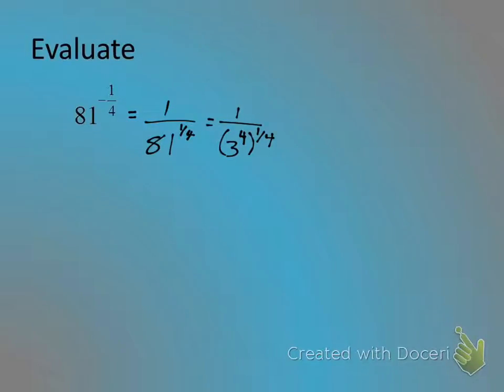You have to put the 1/4. Is that the answer? No. Do you have power to a power? Everybody see that power to a power you now have? You just created 3 to the 4th to the 1/4. So when you have power to a power, what do you do? You multiply. So then what's 4 times 1/4? 4 over 4, better known as 1. So it's 1/3. Answer.